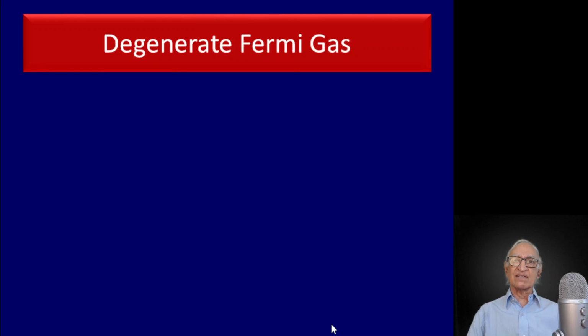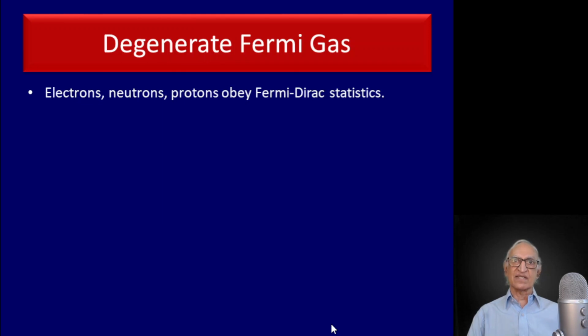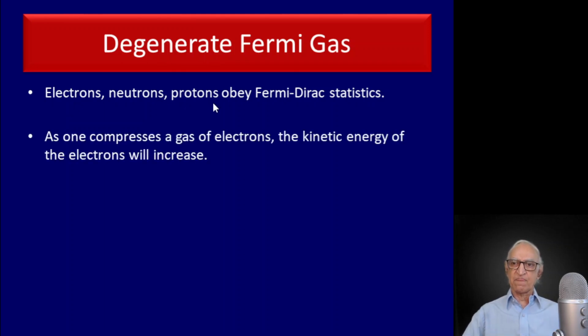If, on the other hand, the gas obeys Fermi-Dirac statistics and is degenerate in the sense that I explained in the previous lecture, what will be the situation? Let me remind you once again that particles such as electrons, neutrons, protons, etc. obey Fermi-Dirac statistics.